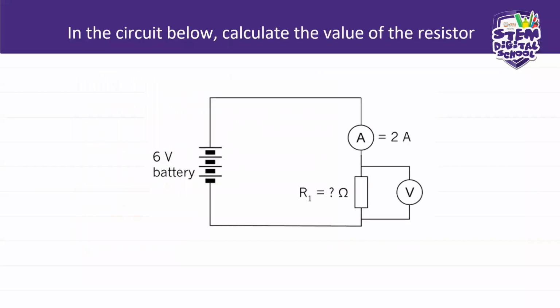Right. In the circuit below, calculate the value of the resistor. What is the value of the resistor here? And your answer should be in ohms. Okay, how do you calculate resistance? Resistance is voltage divided by current.